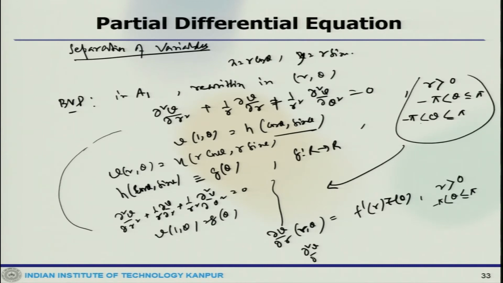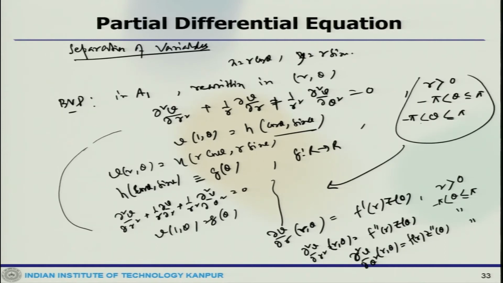So, del 2 v by del r 2 would be f double prime(r) z(theta) for the same condition, and del 2 v by del theta 2 (r, theta) is f(r) z double prime(theta) in this given condition.